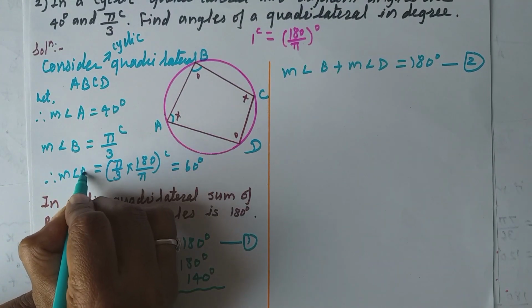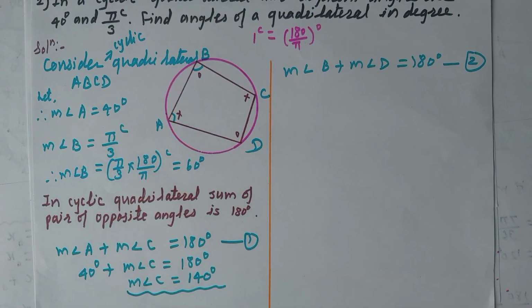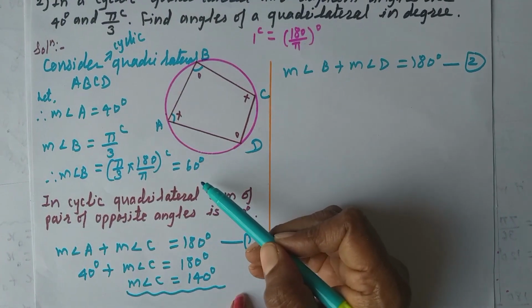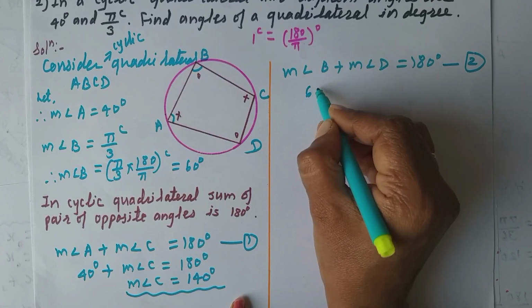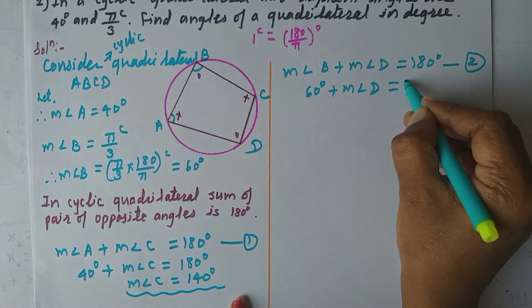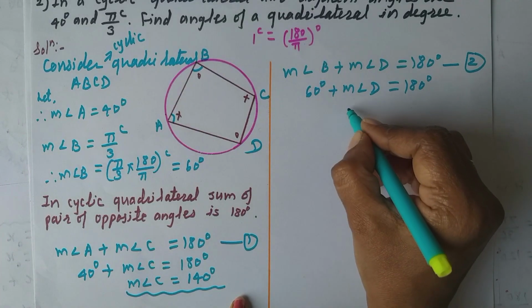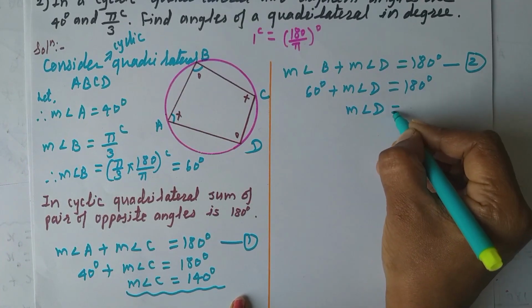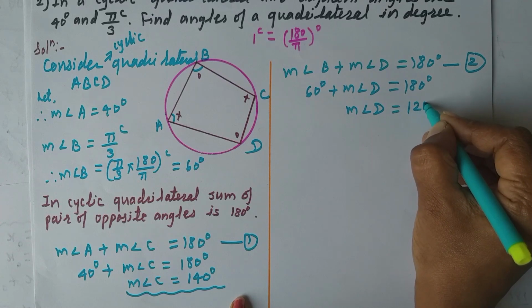Therefore, I got measure of angle B as 60 degrees. Now keep this value of angle B in equation 2. I will get 60 degrees plus measure of angle D is equal to 180 degrees, and simplifying this, I will get measure of angle D is equal to 120 degrees.